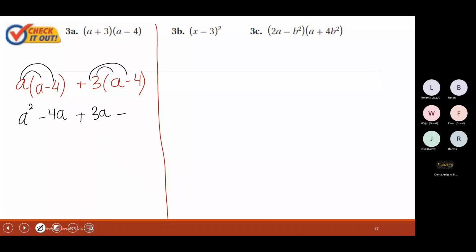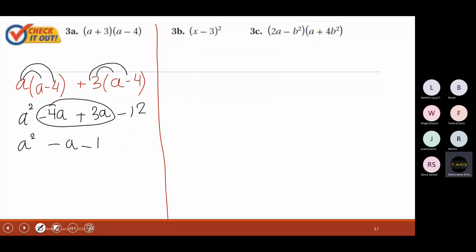Negative 12. Thank you. Now, where are the like terms? Negative 4a with 3a. Bravo. And when you combine them, what do you get? Negative 4 plus 3. Negative 1a, bravo, or negative a minus 12. Thank you so much.